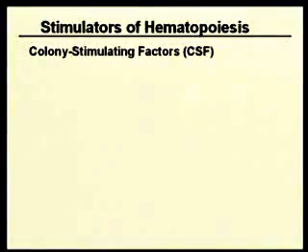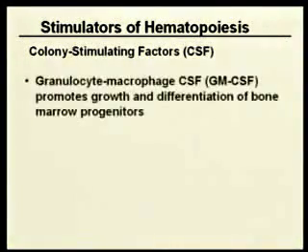Again, this plays a very important role in the stimulation of the progenitor cells. So it can lead to the development of a number of the different types of cells. There's granulocyte macrophage colony stimulating factor. This promotes, as you can see, the production and maturation of granulocytes and macrophage.